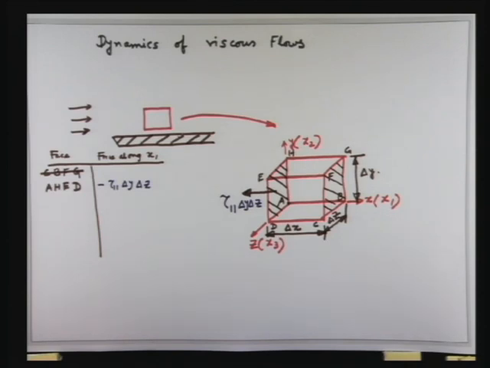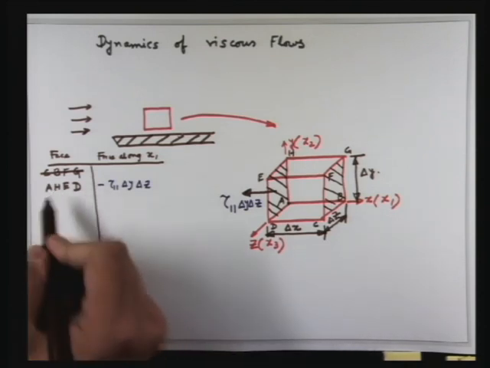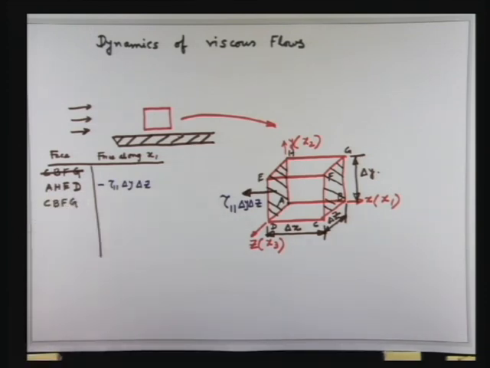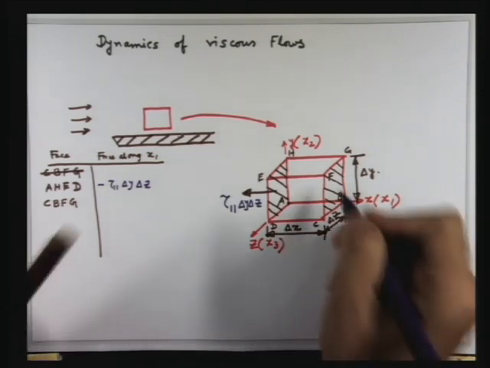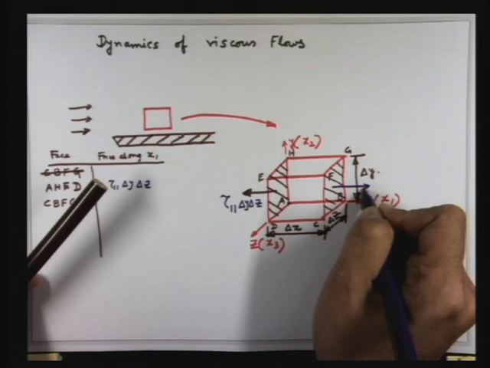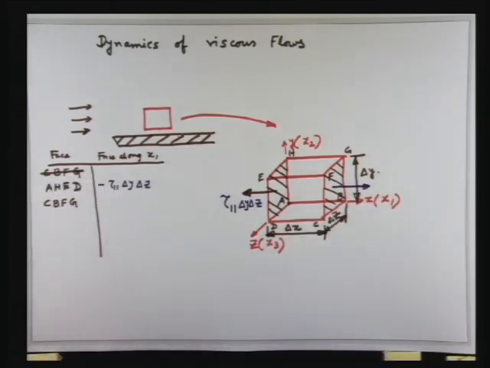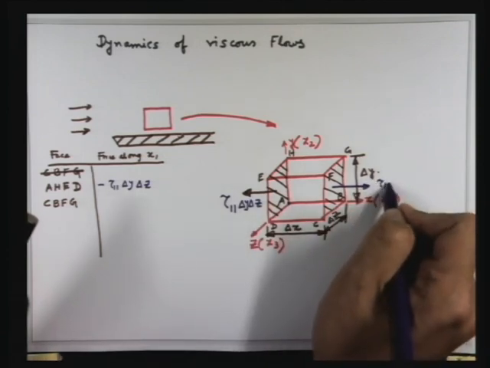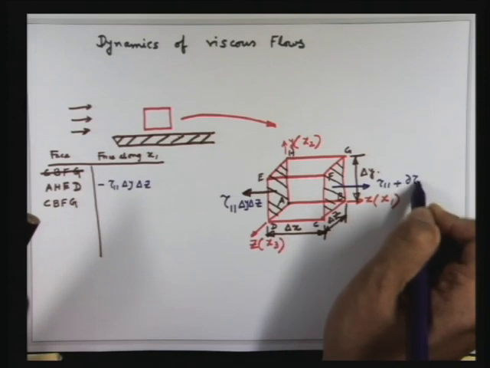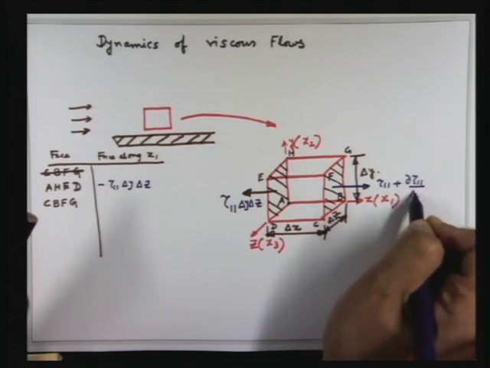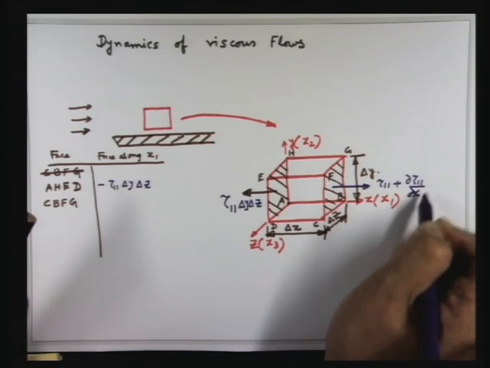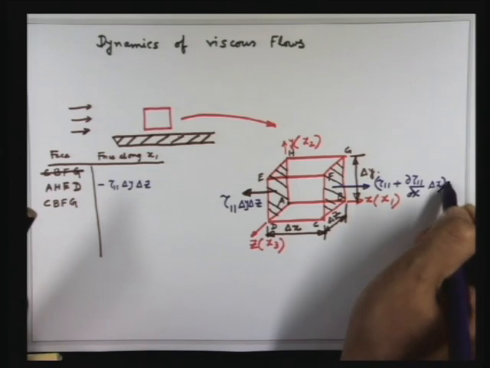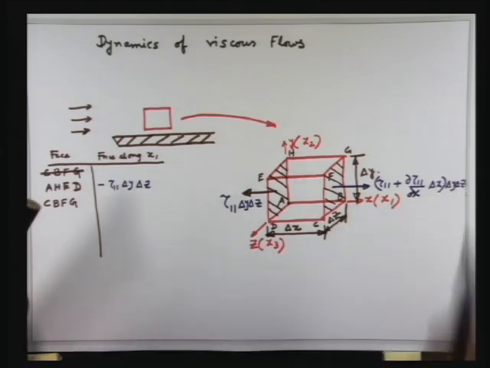Now let us write the other face, CBFG. If it is tau 1 1 here, this is nothing but tau 1 1 plus del tau 1 1 by del x into delta x, times delta y delta z.